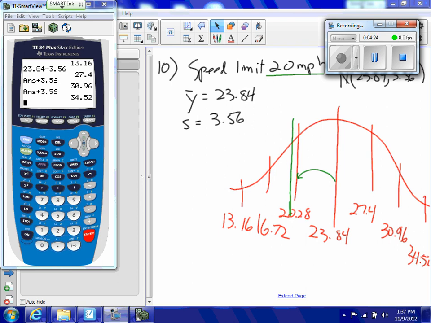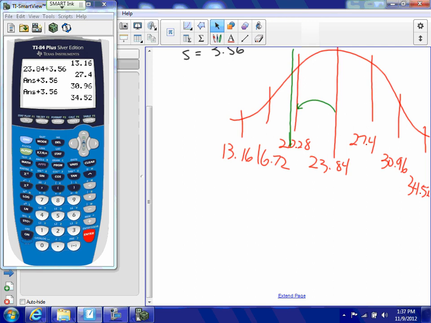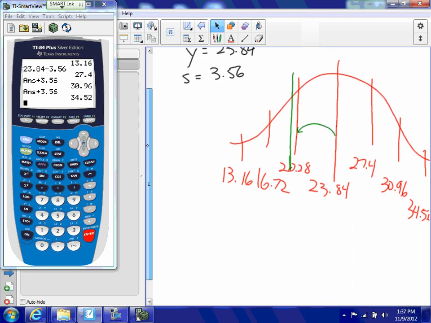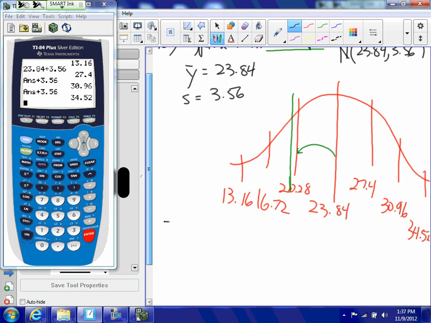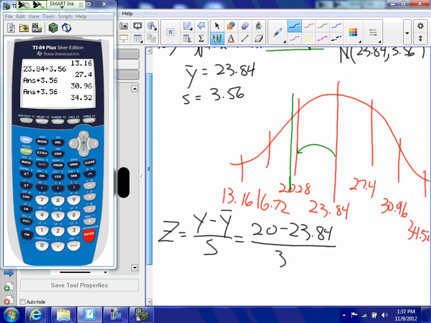A z-score is what we use to measure the number of standard deviations away from the mean a particular data value is. So I would use my formula, z equals y minus y bar over s. In this case, my y is 20 miles an hour minus my mean, 23.84, over my standard deviation, 3.56. Let's go over to the calculator.